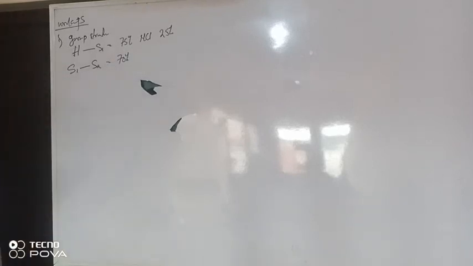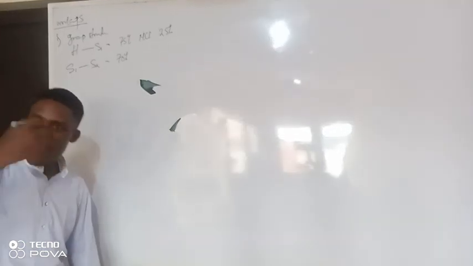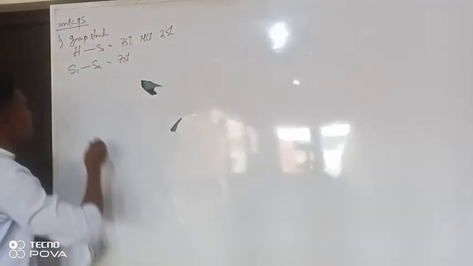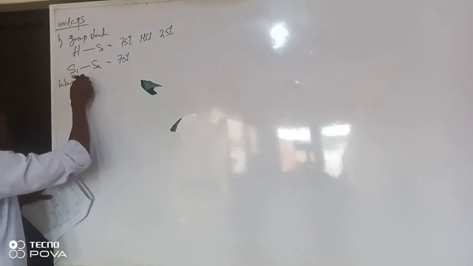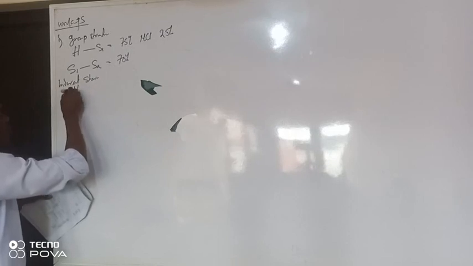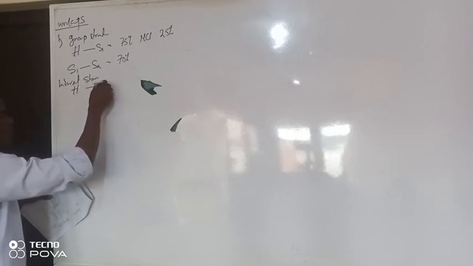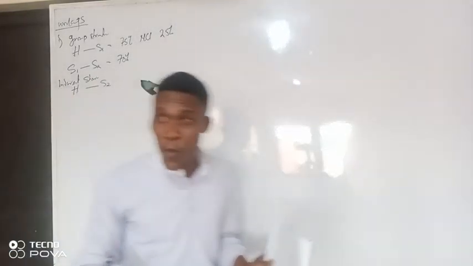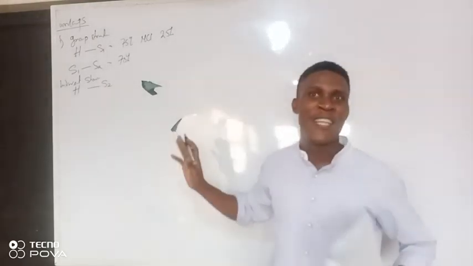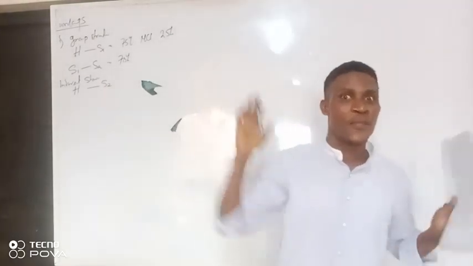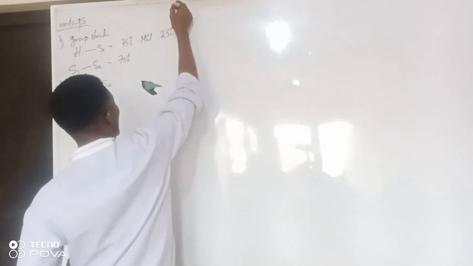Then we compute the indirect control of the parent in S2, the indirect share, that is H in S2. Please, pay attention to this. The moment you are able to sort out this area, you are good to go when it comes to your sub-subsidiary.